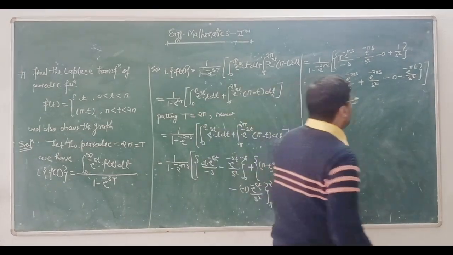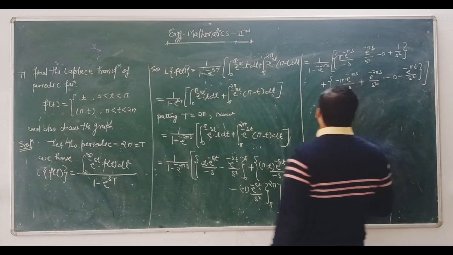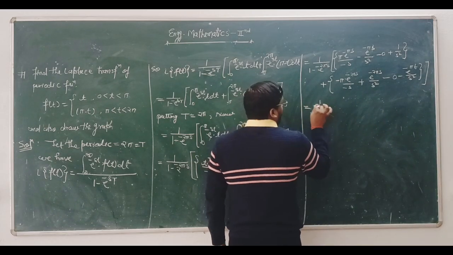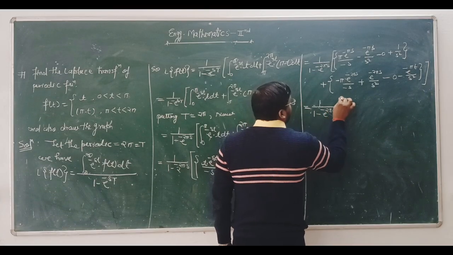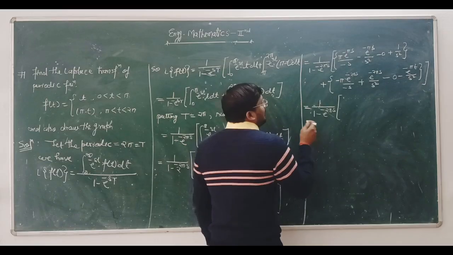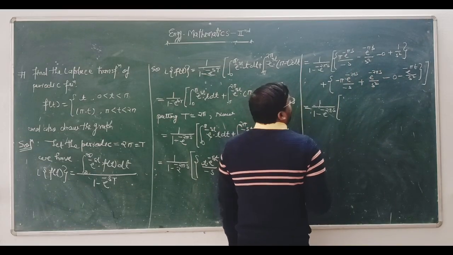Please you can solve this, and now you write this. Yes, this is right. Now you can solve this. 1 upon 1 minus e to the power minus 2 pi s, bracket, putting the value of this, solve by common.